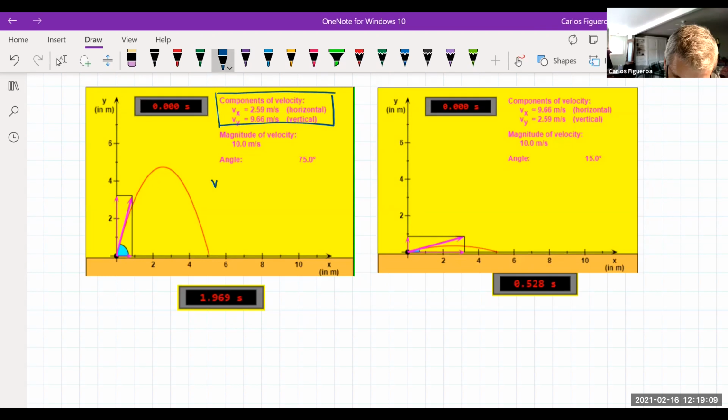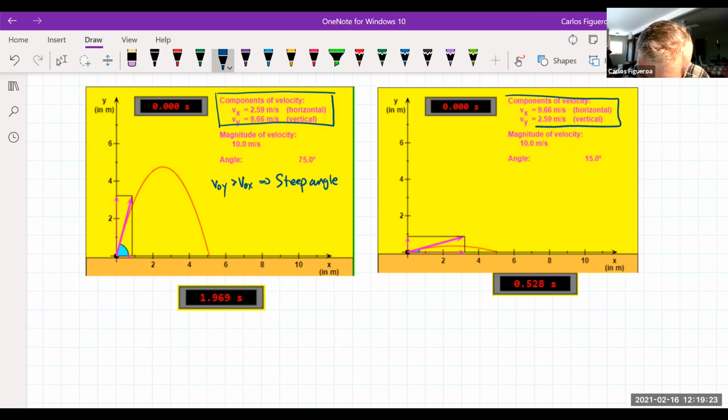The fact that V initial Y is greater than V initial X tells you that this is a steep angle shot, as expected. And if I look at these components over here, you could see that it's the reverse. This is because it's a shallow angle that we're shooting this at. So no surprise here.